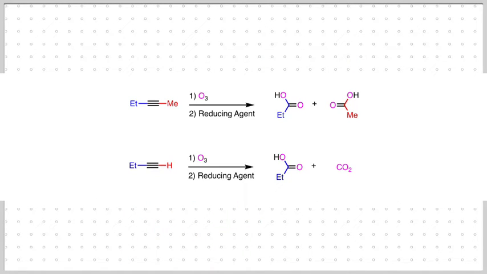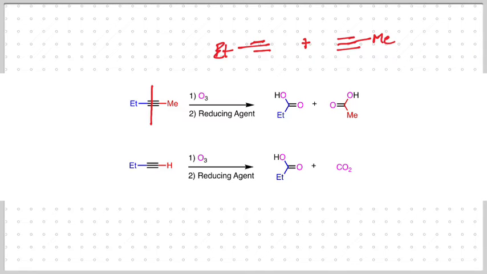To predict products from the ozonolysis of an alkyne, you need to split the molecule into two halves as usual. So you will get a part like this, and you will get a part like this.